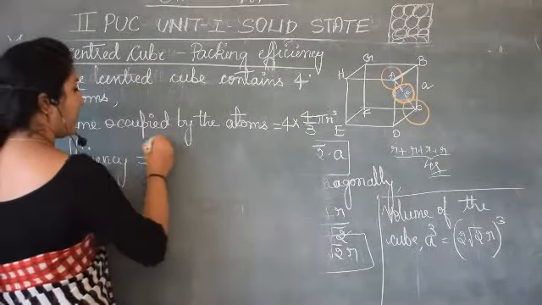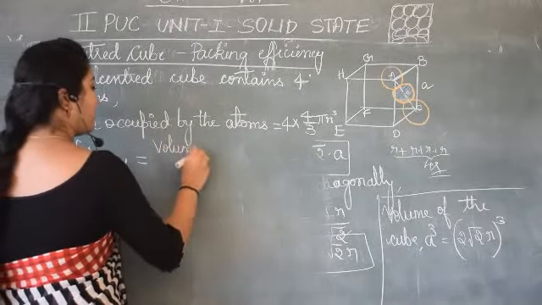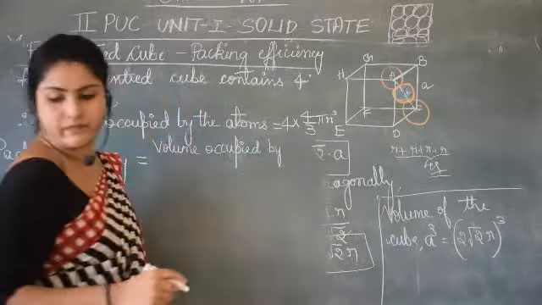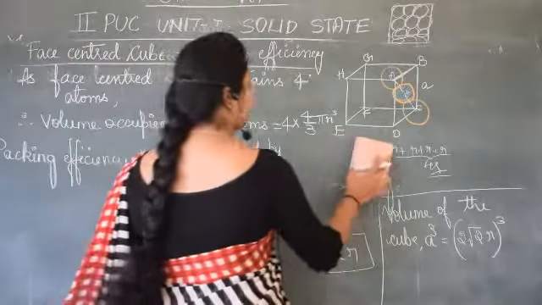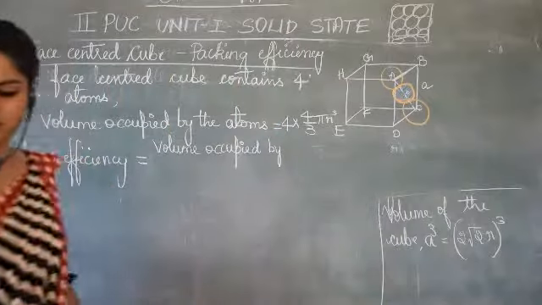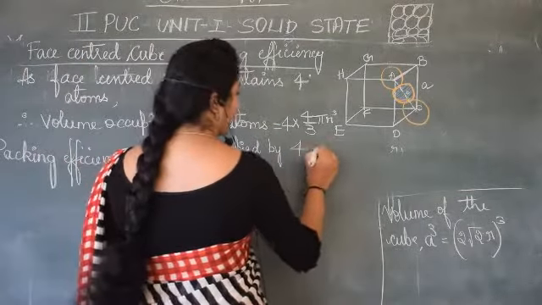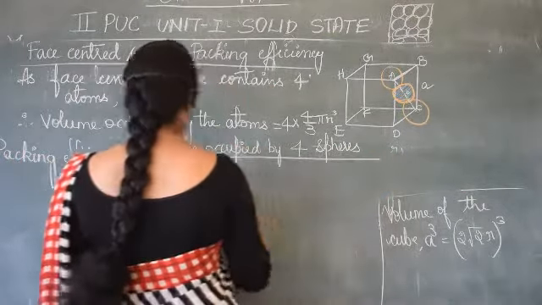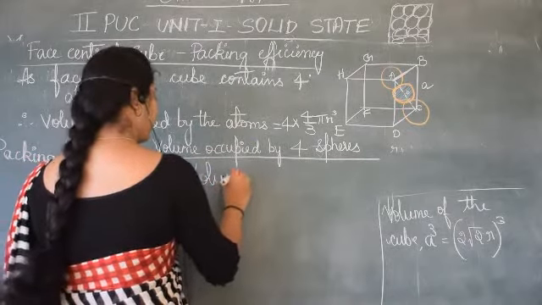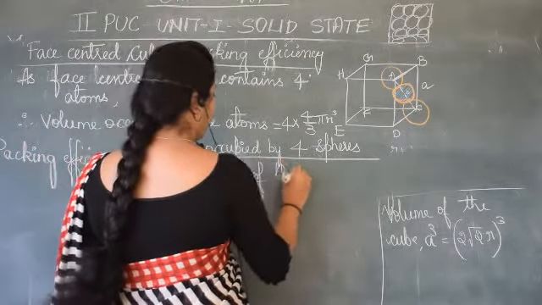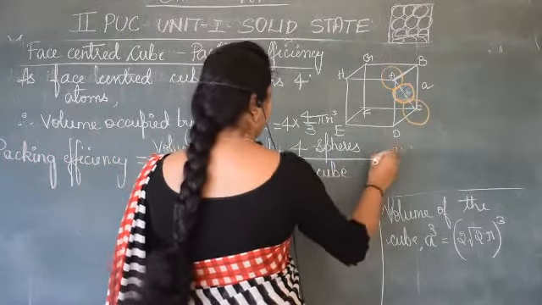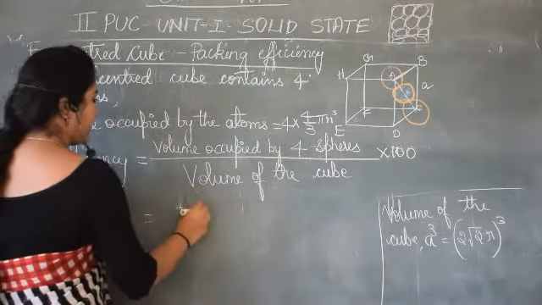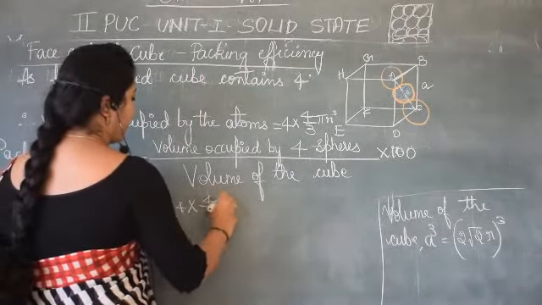Packing efficiency is equal to volume occupied by 4 spheres whole divided by volume of the cube into 100. Therefore, substitute 4 into 4 by 3 pi r cube.